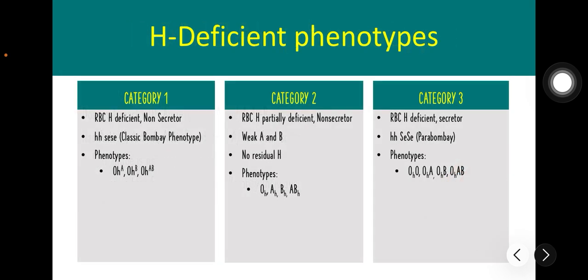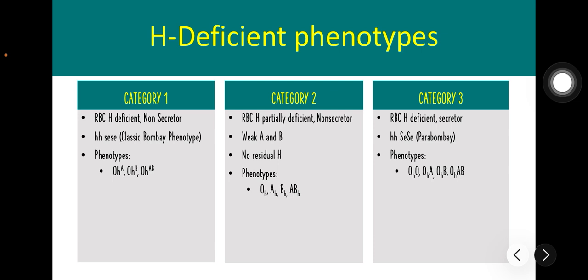Now we have H deficient phenotypes, which are rare blood types characterized by the partial or complete absence of the H antigen, which is the essential foundation or building block required to build the A and B antigens. Because the H antigen is the mandatory acceptor molecule for ABO sugars, individuals with these phenotypes cannot express normal levels of A or B antigens on their red blood cells even if they have inherited the functional A or B genes.